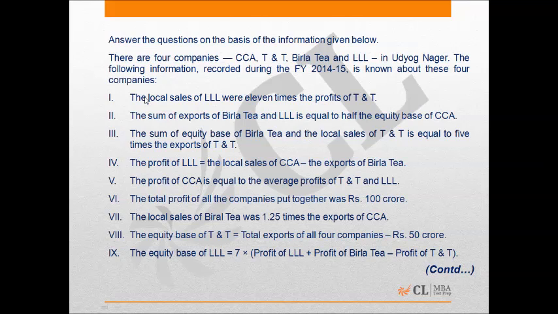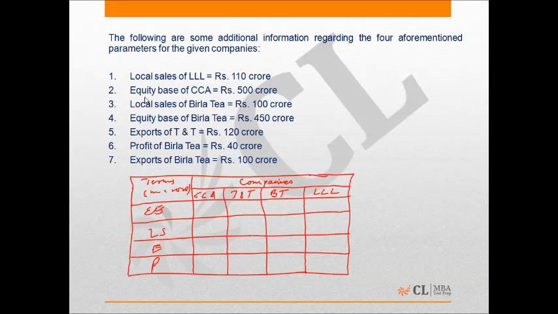Once we go through the entire information, we would realize that first of all we need to look at the information termed as additional information in this set, as figures are given here, and after that we would come to the information given immediately after the footnote.